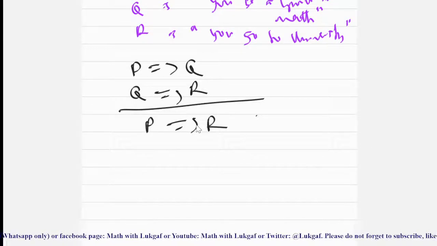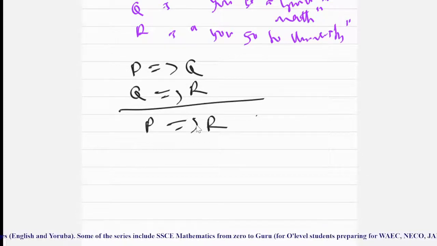And don't forget, when you get to higher level mathematics, you are going to study what we know as relations. We have a reflexive relation. We have a symmetric relation. A reflexive relation is when you relate a proposition with itself.